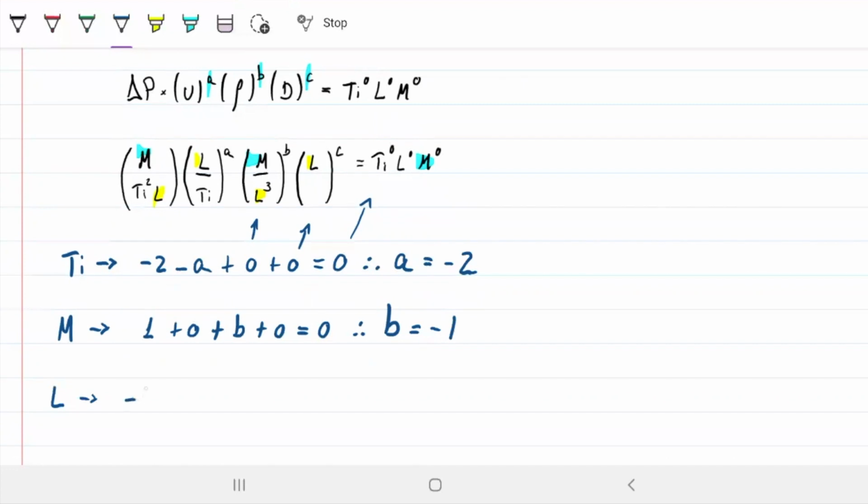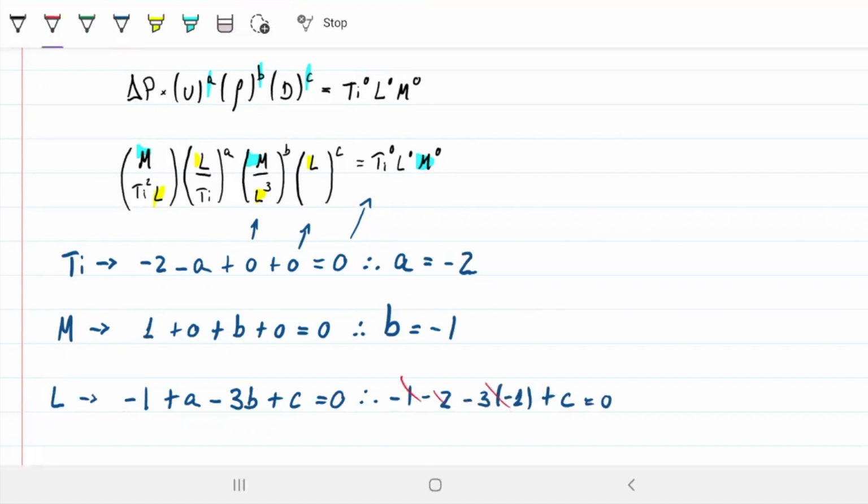My length is -1, plus A, then -3B, plus C has to be 0. Thankfully, I already have A and B, so I can plug those in: -1, -2, then -3 times -1 is +3, plus C has to be 0. So C therefore has to be 0.